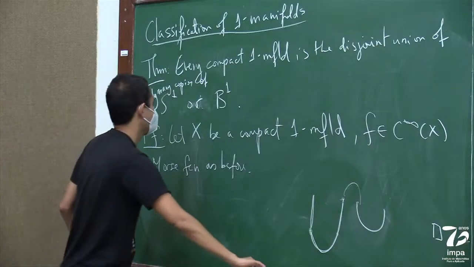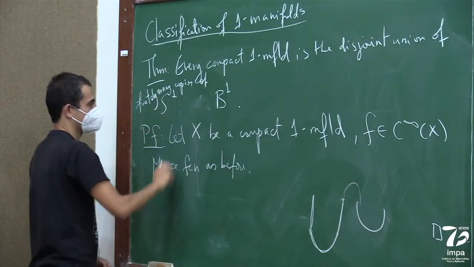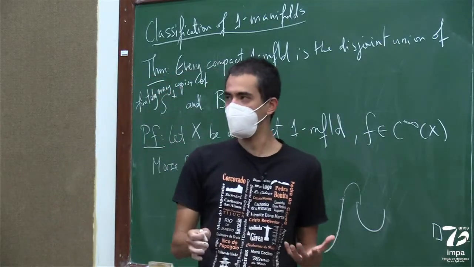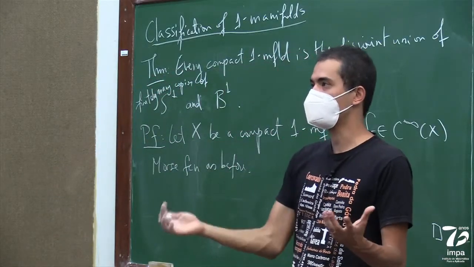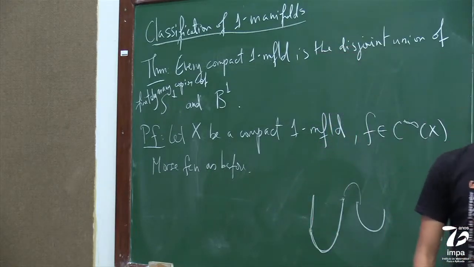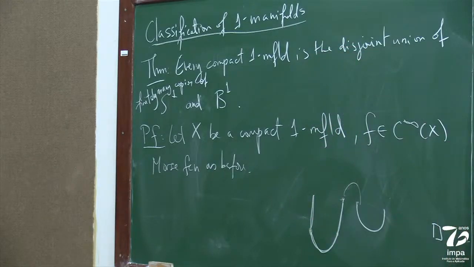I guess you can have some S1s, some B1s. And then in particular, if you know it's connected, then it's either S1 or B1. Okay, so that's the classification of compact one manifolds.